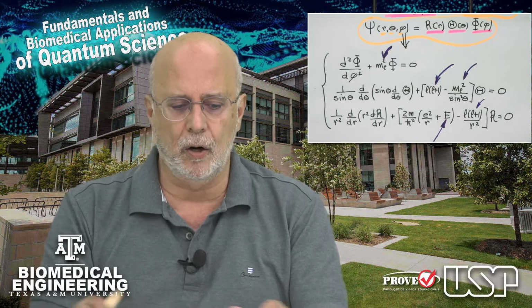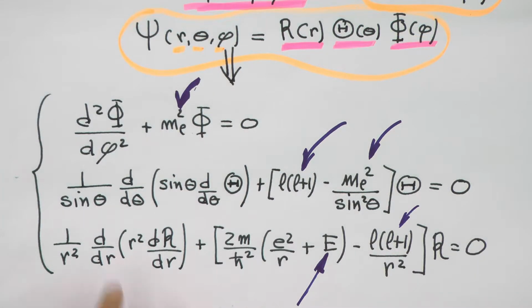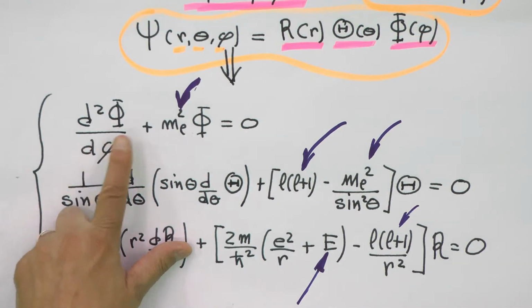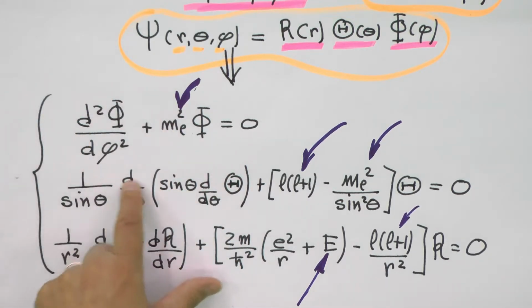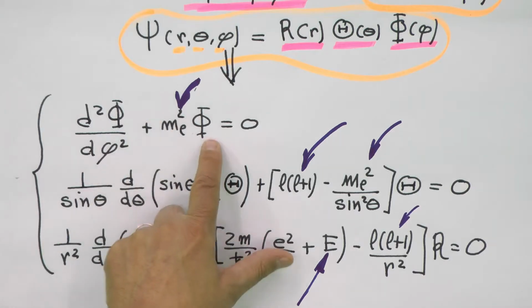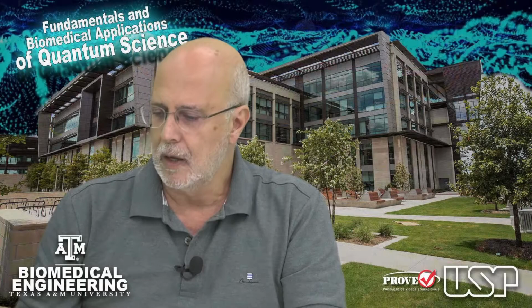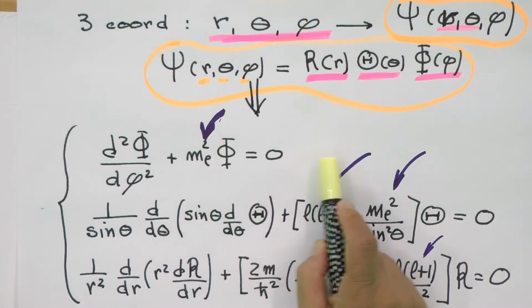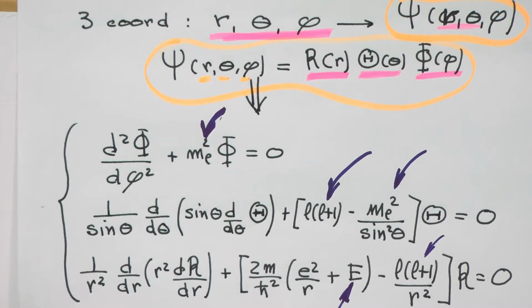Okay, so let's start by solving the first equation, which is the equation in phi. And we are looking for a function that, twice the derivative, repeats the function and has a constant on it. And we already learned that this gives you the complex exponential type of solution.